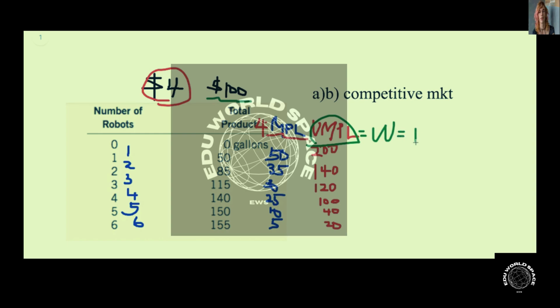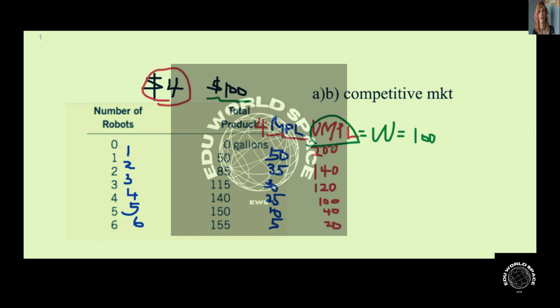Why is that? Because this 100 as wage is the cost you hire this robot, right? And the VMPL here is the value that this robot produced for you. So when these two amounts are equal, we can see that it generates the most profit for the firm.